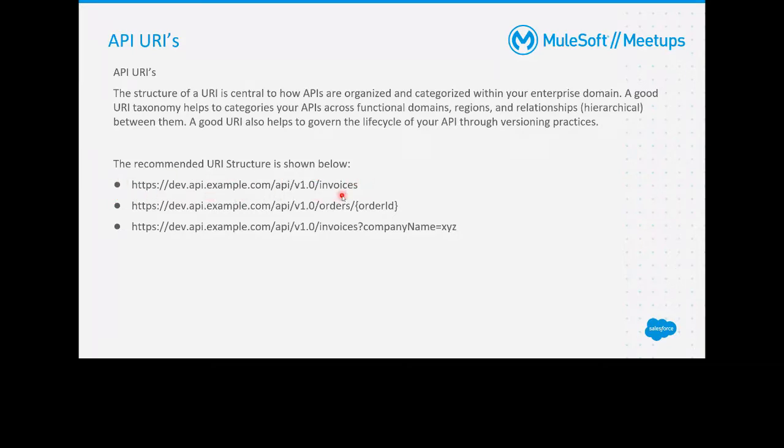So, let's say my team comes up with invoices, but somebody else's team is creating employees, the previous example that we saw. It's not good, right? It's not consistent across the enterprise. So having a good taxonomy will definitely help you in the longer run to create more generic or predefined URI or API interfaces.